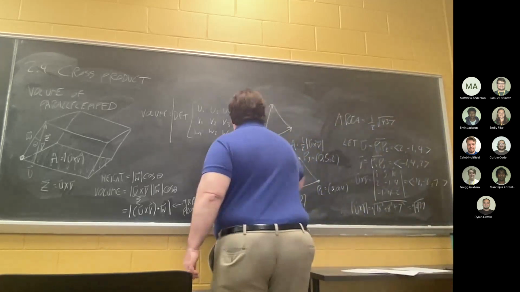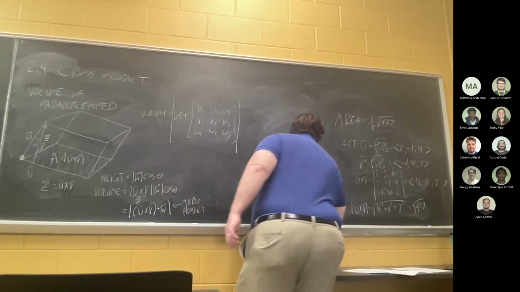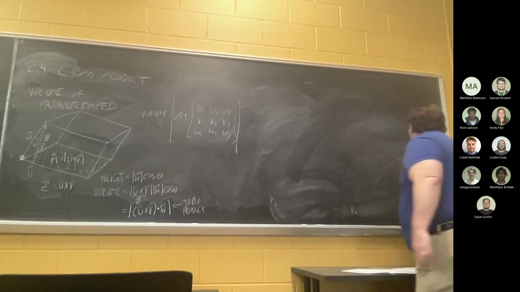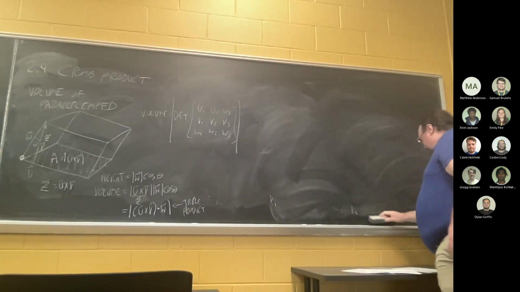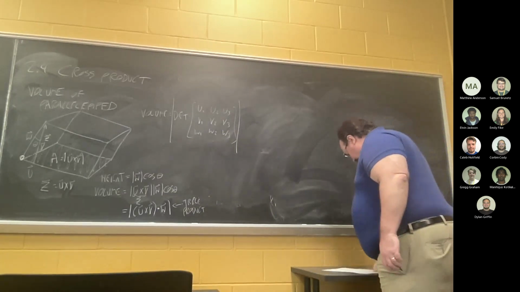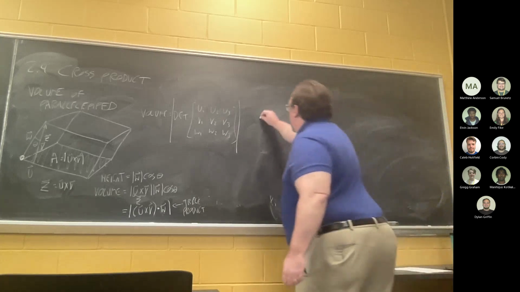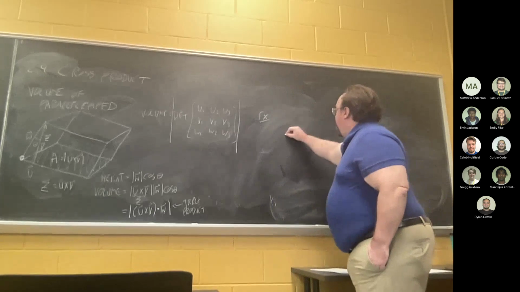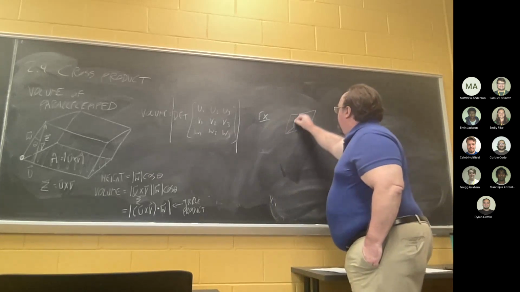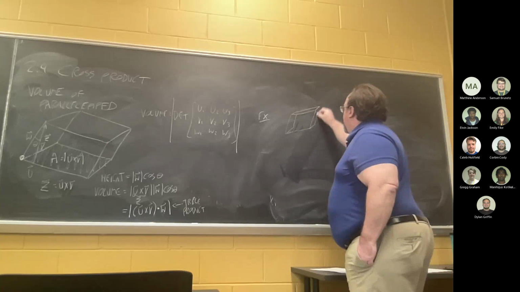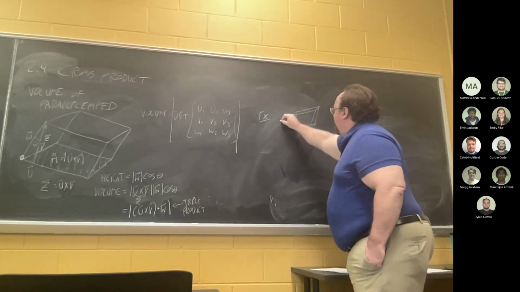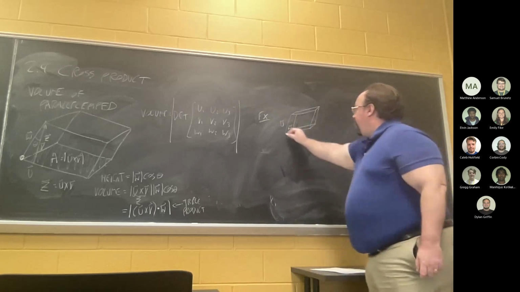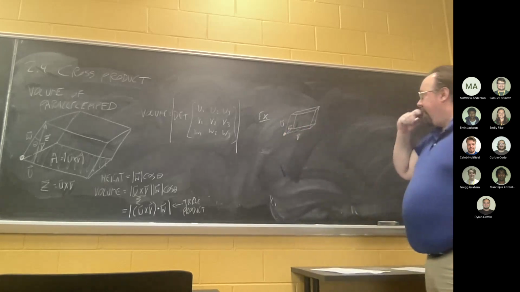I do have time for an example of the last one. Let's suppose we have our basically drawn parallelepiped, with vectors U, V, W that come from that vertex as the initial point.